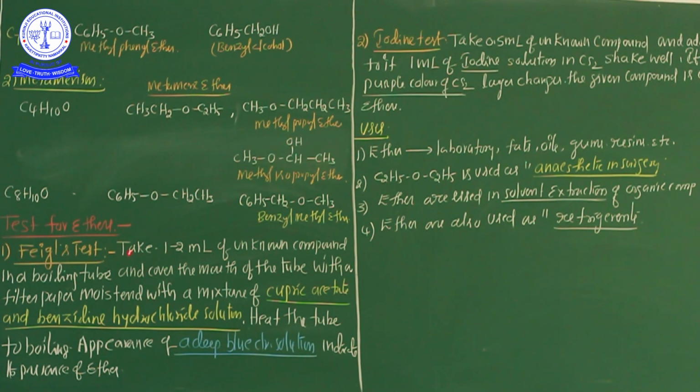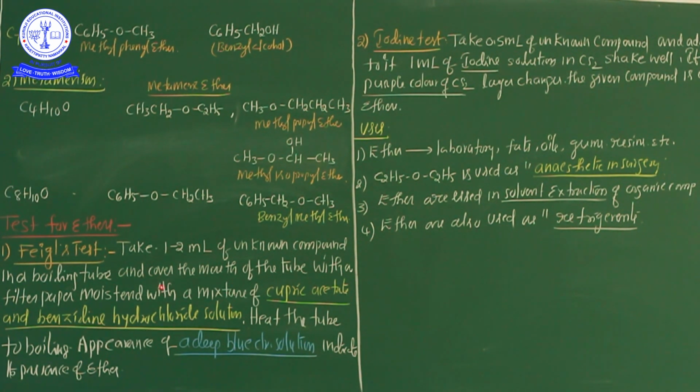In Fagel's test, take 1 to 2 milliliters of unknown compound in a boiling tube and cover the mouth of the tube with a filter paper moistened with a mixture of cupric acetate and benzidine hydrochloride.